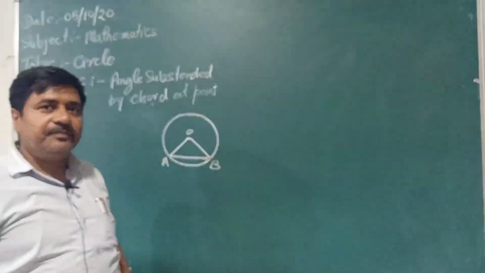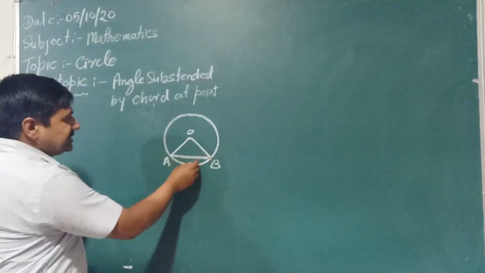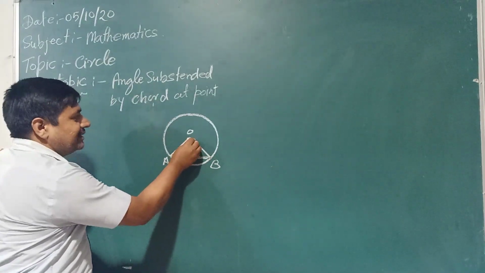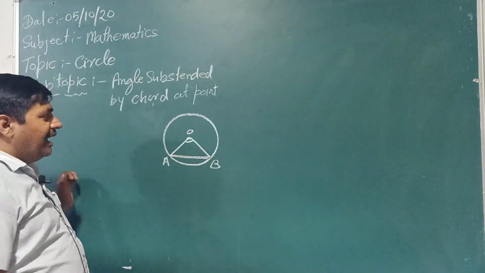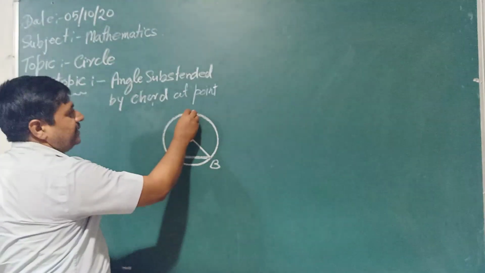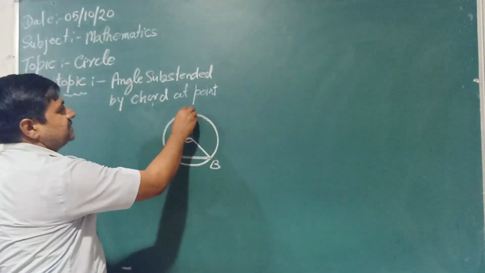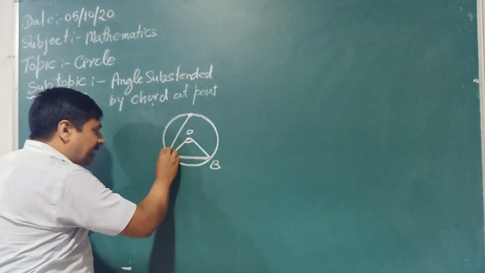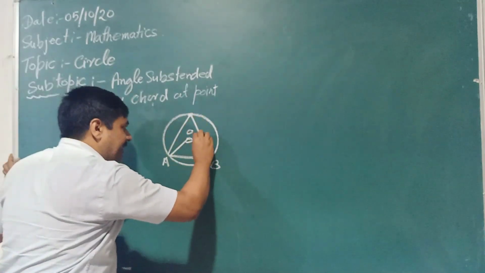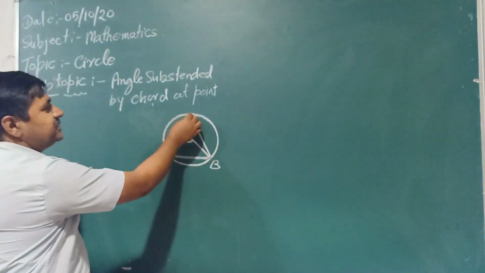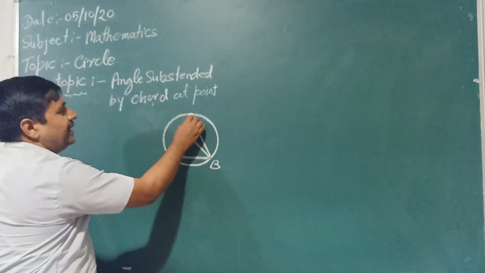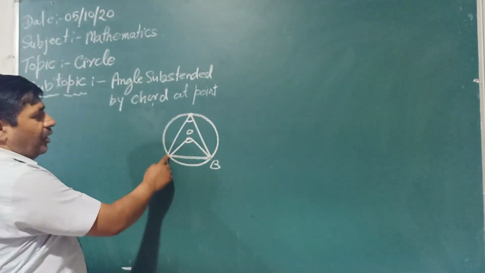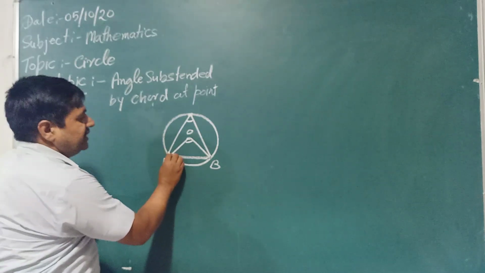and OB. Okay. Now this chord makes an angle at the center, and take another point on the circumference of the circle and join AP and BP, and this point also makes an angle from this chord.